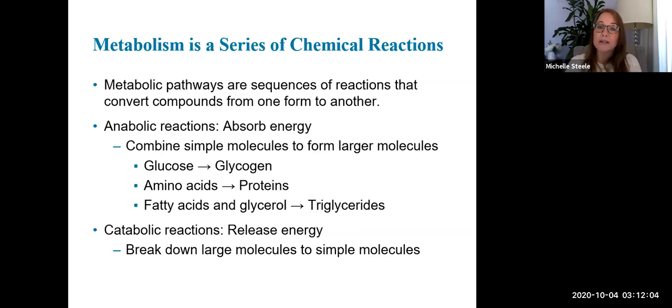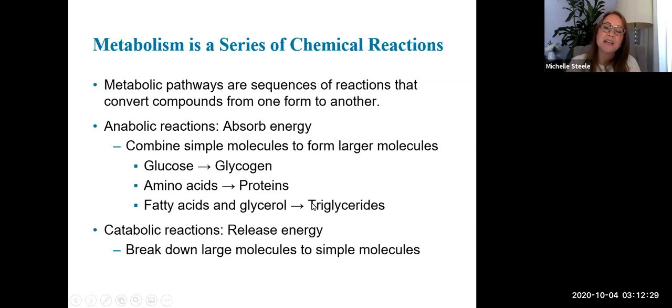Now, we also have something called a catabolic reaction. If the anabolic reactions are building up, then the catabolic reactions are breaking down. So we're taking the breakdown of glycogen, for example, breaking glycogen down into glucose units, or proteins and breaking them down into amino acids, or triglycerides and breaking them down into fatty acids and glycerol.